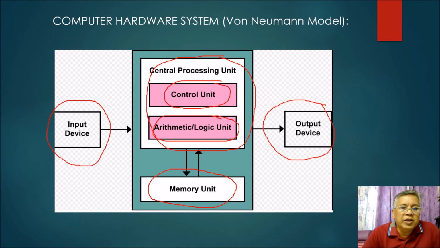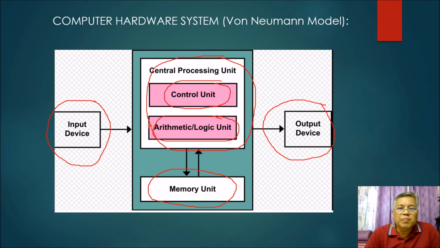So for example, if an input is provided by your input device, this particular data or input will be transmitted towards your central processing unit. And whatever the instruction is, it will be performed by any of these particular systems of your central processing unit.